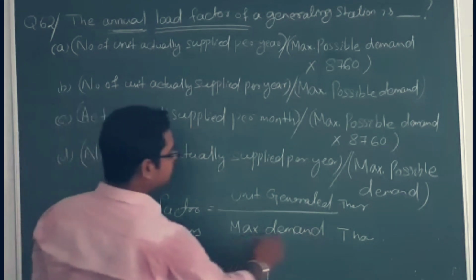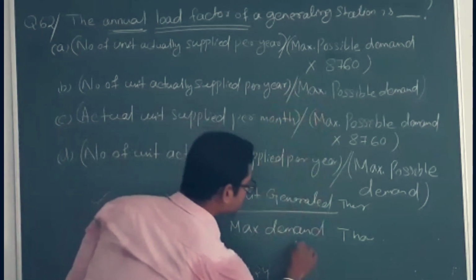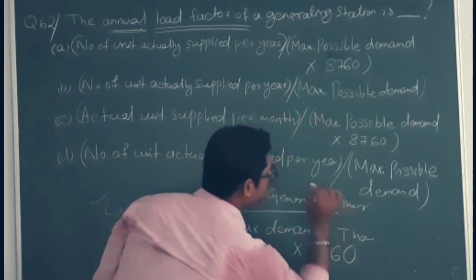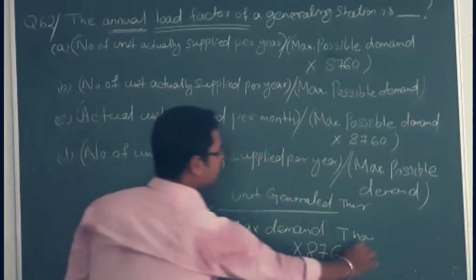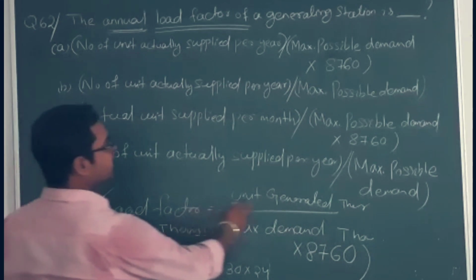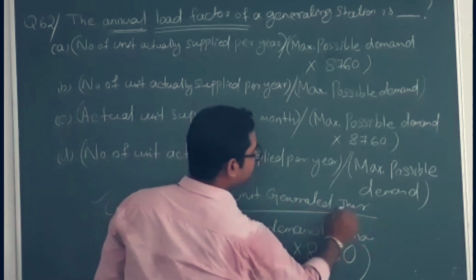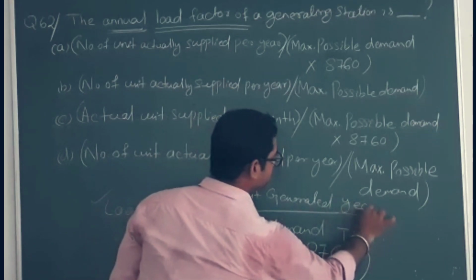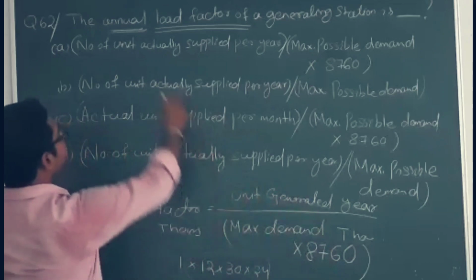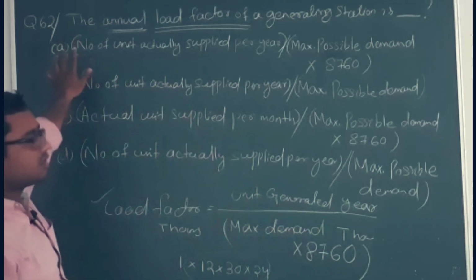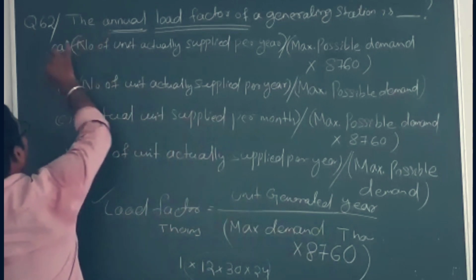Then it will be maximum demand into 8760, for T hours, and units generated per year. You can also write units generated per year here. This is similar to the first answer, answer A, so this will be your correct choice.